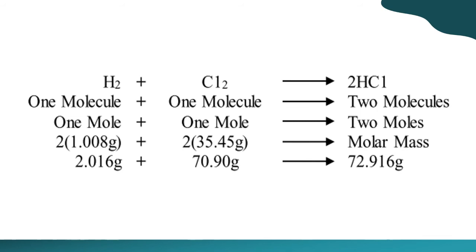Ipag-add nyo po ang 70.90 and 2.016. Ang makuha nyo po dapat ay parehong 72.916 grams. Ano po ang indication nun? Ang indication po nun ay totoo po yung tinatawag nating law of conservation of mass. So, pareho po ang mass ng inyong reactant at pareho din po ang mass ng inyong product.